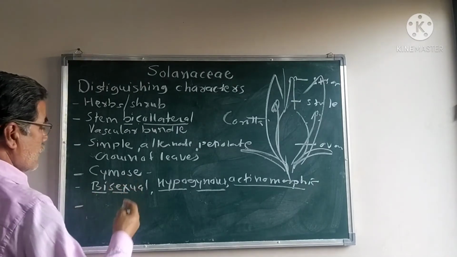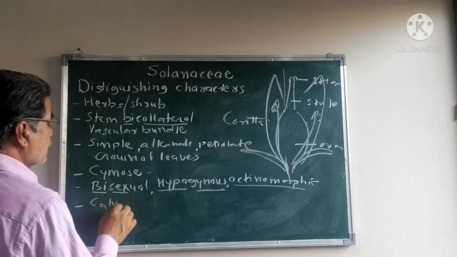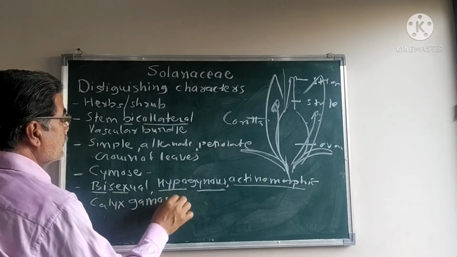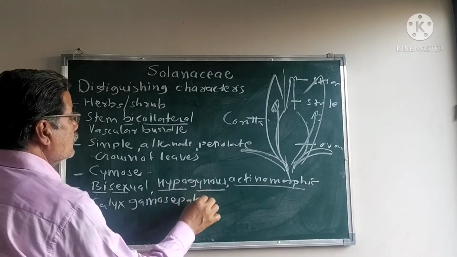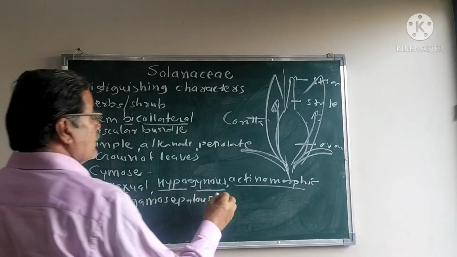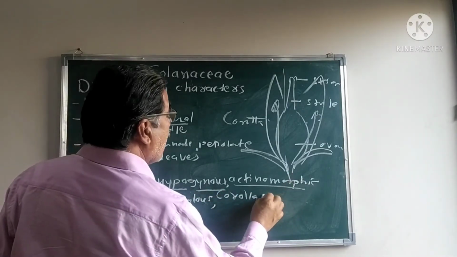See here, the calyx is gamosepalous. Hence the sepals are fused. The corolla is also gamopetalous.